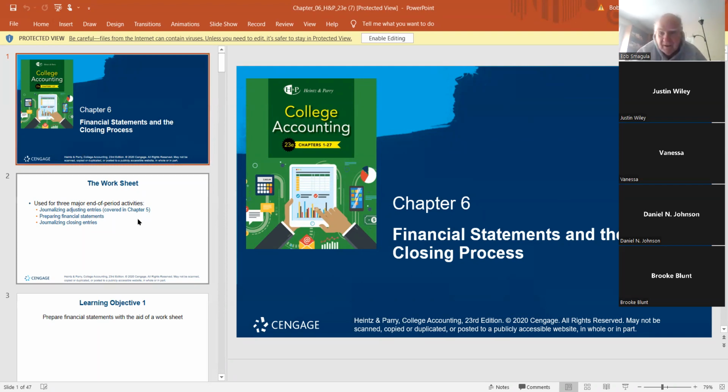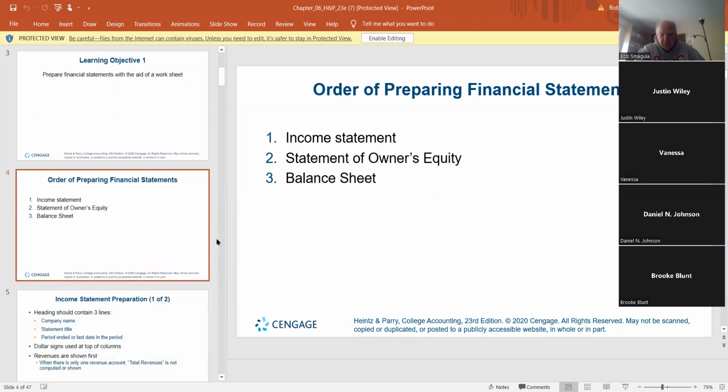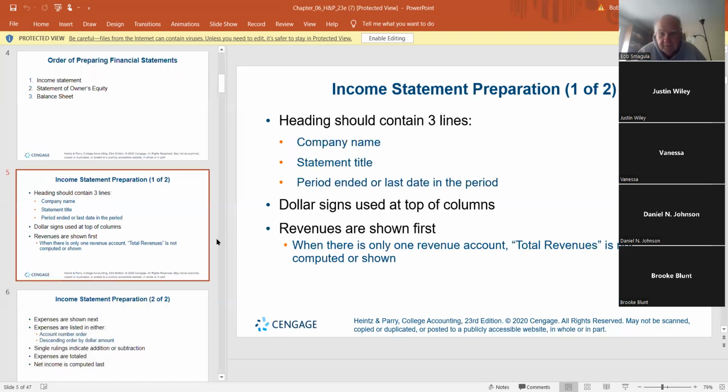Thank you. Okay, I'll briefly go through this again with the visual. We talked about the worksheet. Prepare financial statements with the aid of the worksheet. We do the income statement first, the statement of equity second, balance sheet comes third.